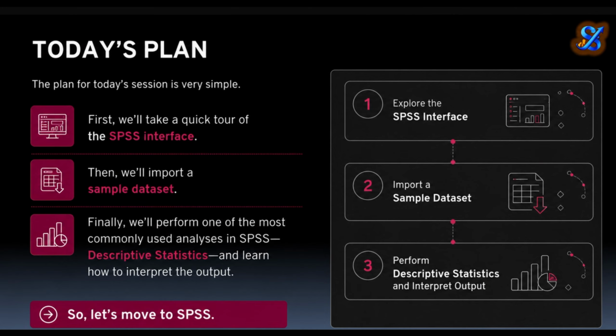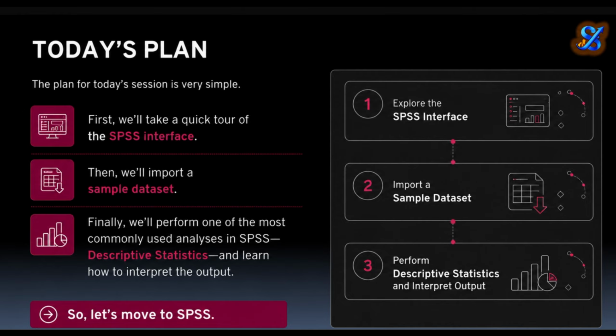Then we'll import a sample dataset that is provided by IBM itself, and finally we'll perform one of the most commonly used analyses in SPSS, that is Descriptive Statistics, and we'll learn how to interpret the output also. So let's move on to the SPSS Statistics software.